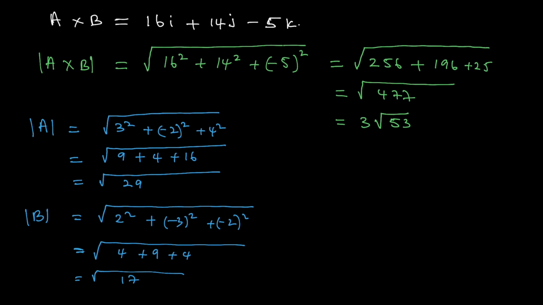So to find the sine, sine of theta will be the modulus of A cross B over the modulus of A times the modulus of B. And we know what they are.